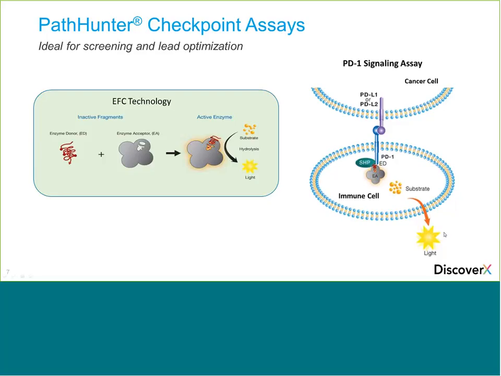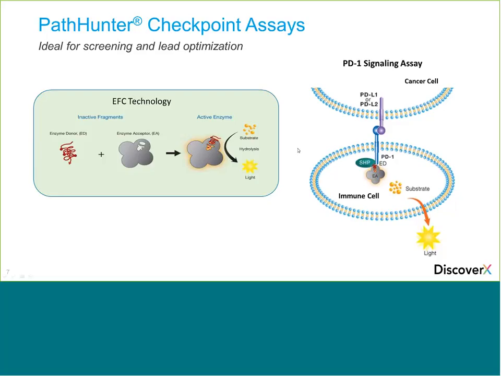So in the presence of chemiluminescent light, we know that the PD-1 receptor is active, and as we see a decrease in light production, we know that we are disrupting the activation of the PD-1 receptor.